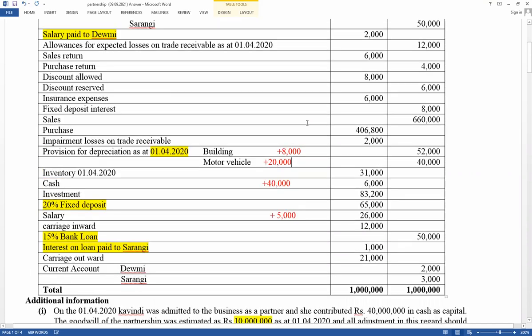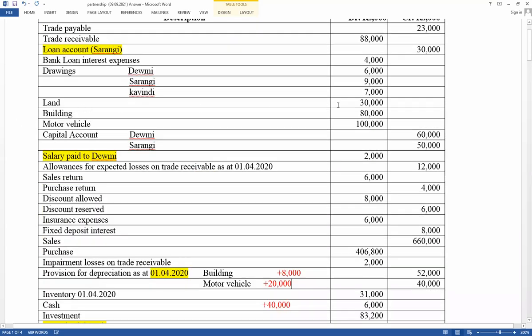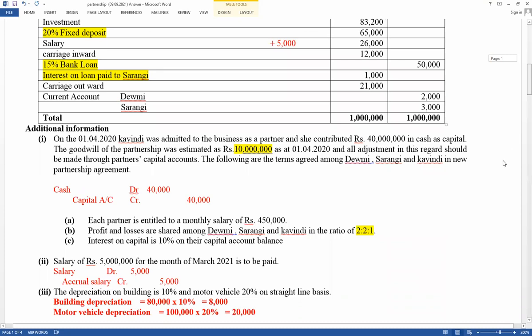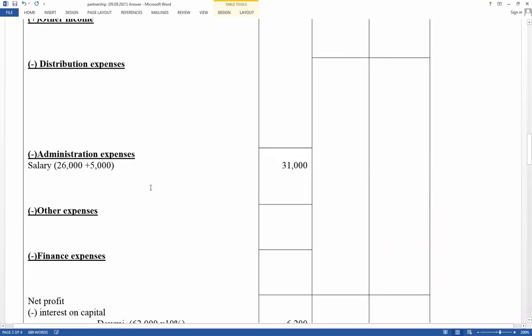And cost value also given: land 30,000, building 80,000, motor vehicle 100,000. Think what non-current assets are: cost minus accumulated depreciation. Cost value this value, but accumulated depreciation closing balance, trial balance available, opening balance. Right now record it. Annual depreciation in the income statement, under administration expense as well as distribution expense.